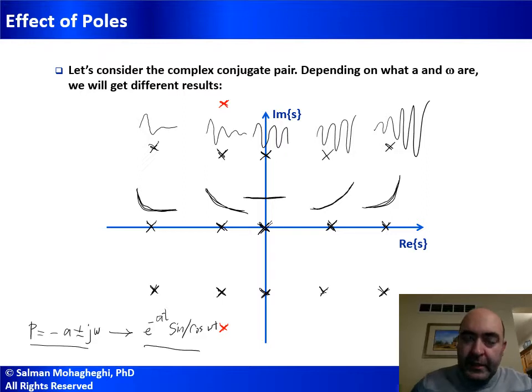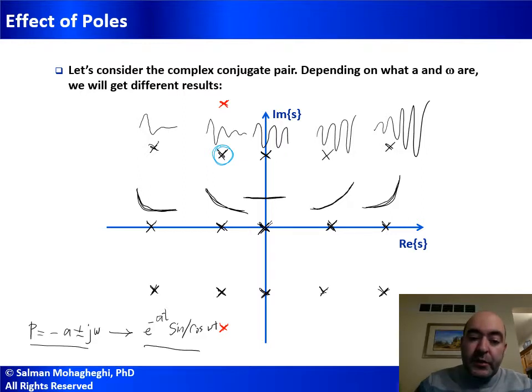If that is the case, compared to this pole that I'm circling with color blue, I will have the same level of damping because I have the same e to the power of minus at term, meaning that the decaying term is going to be the same. However, my omega now is going to be larger than the previous case. What is omega? Omega is going to be the frequency of that sine or cosine term.